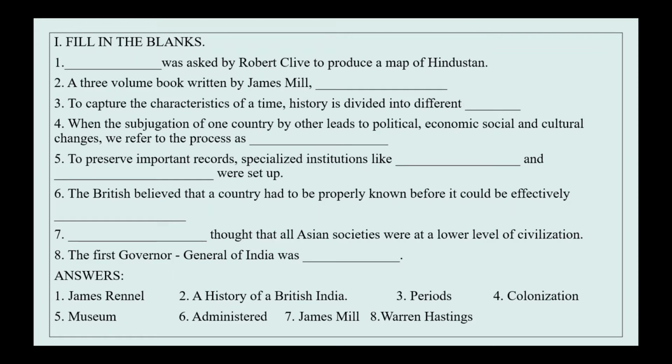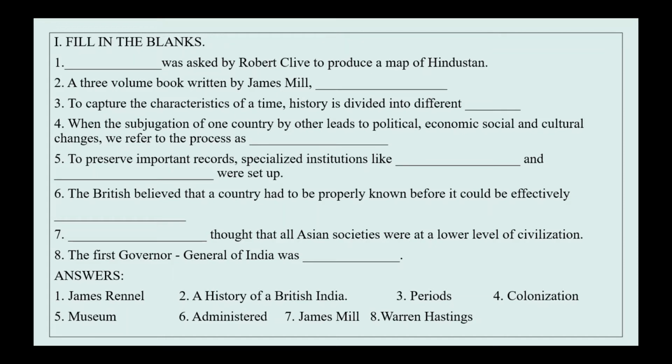Okay, fine. The British believed that a country had to be properly known before it could be effectively administered. So that they brought surveys. Next, seventh one. Dash thought that all Asian societies were at a lower level of civilization.